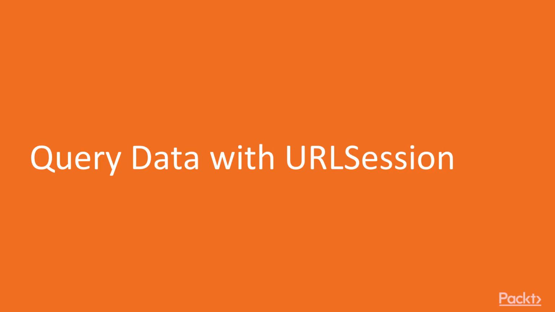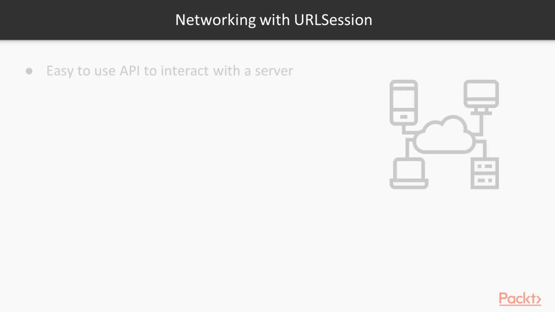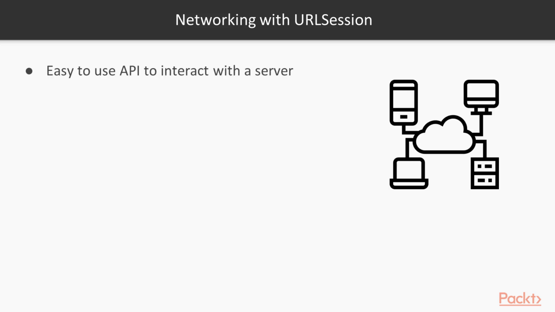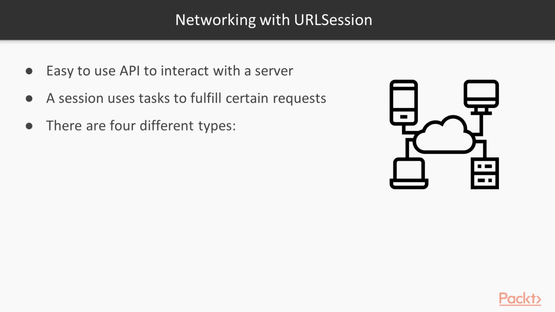Query data with URLSession. In this first video, we're going to use URLSession, which is a very easy to use API, to interact with a server. We're going to use the Swapi API for that. A URLSession basically uses tasks to fulfill certain requests, and there are 4 different types of tasks.